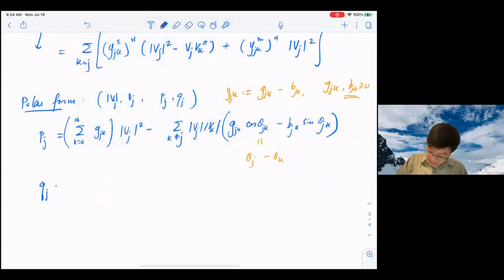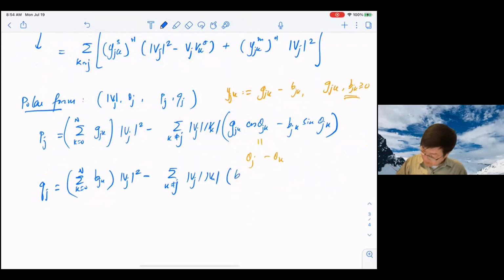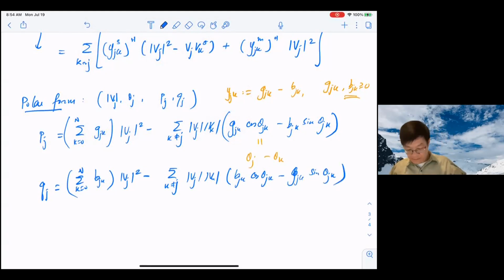And Qj equals Vj Vk. Okay, so you just convert from the complex form to the polar form. It's the same thing.